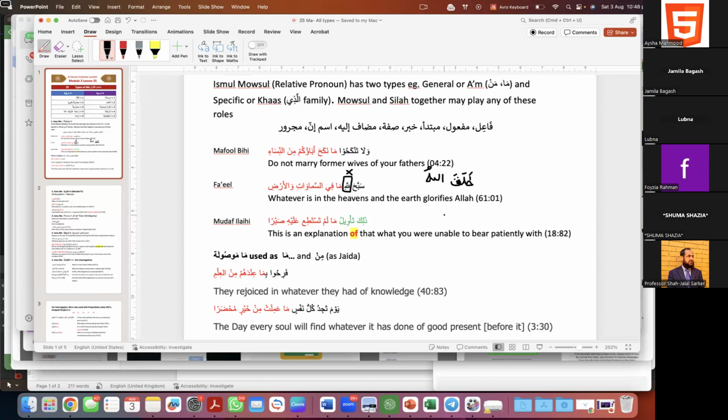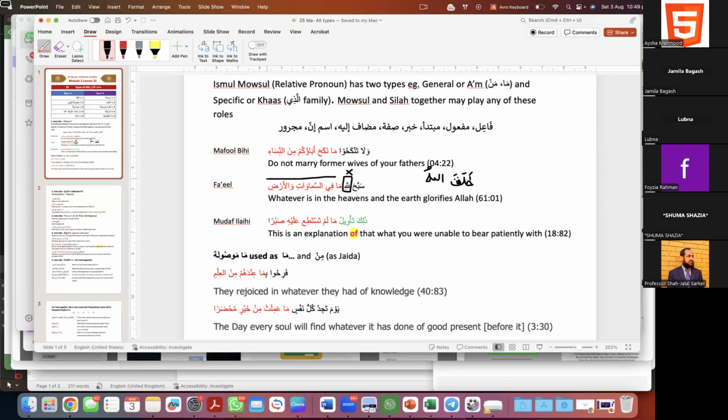So that is the ma, ism mawsul, and then ma fi samawati wal ardi. So whatever is in, because of the fi, both the samawat as well as the ard get the kasra, and then the two together, they are the ones that are praising Allah.